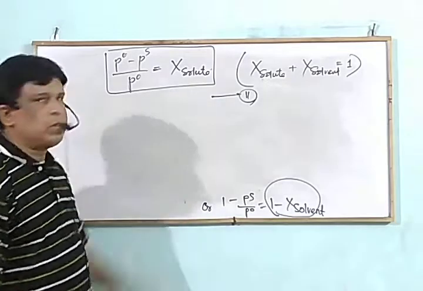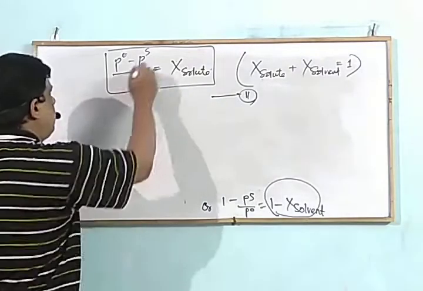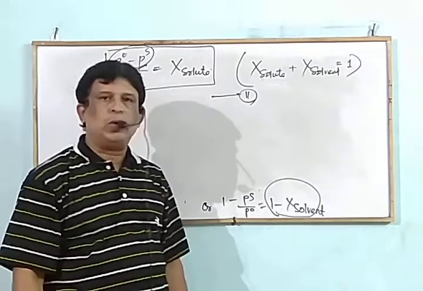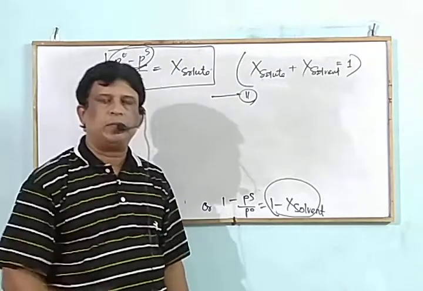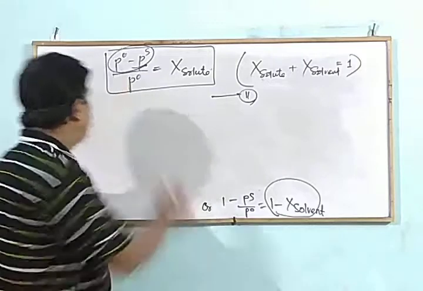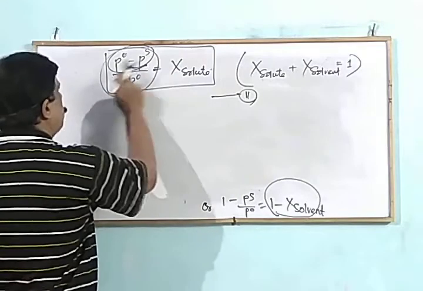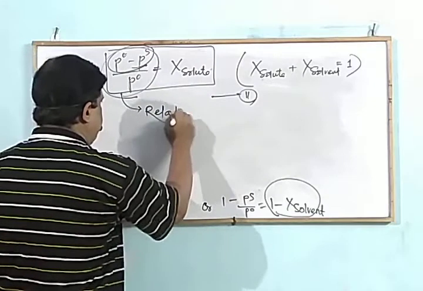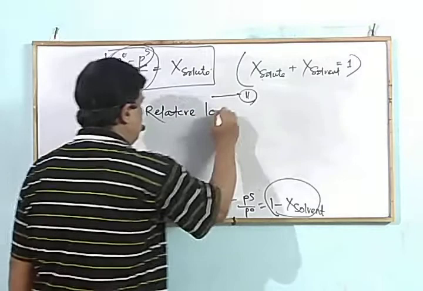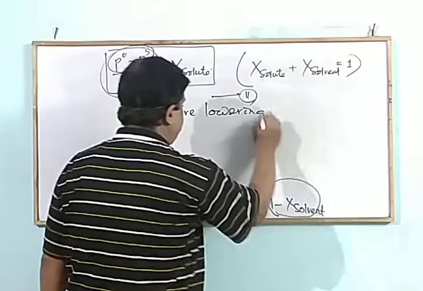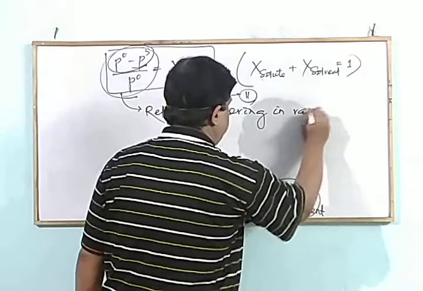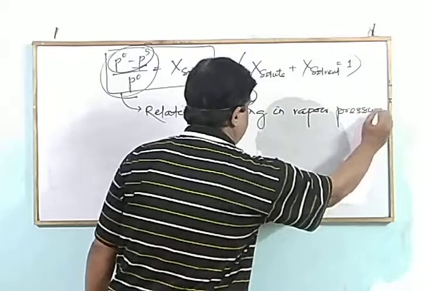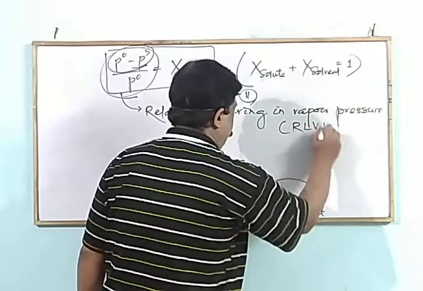So from this equation, it is clear that P naught minus PS is known as lowering in vapor pressure. And the total term, P naught minus PS by P naught, is known as relative lowering in vapor pressure, that is RLVP.